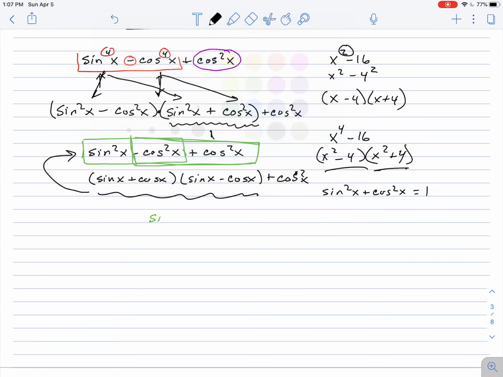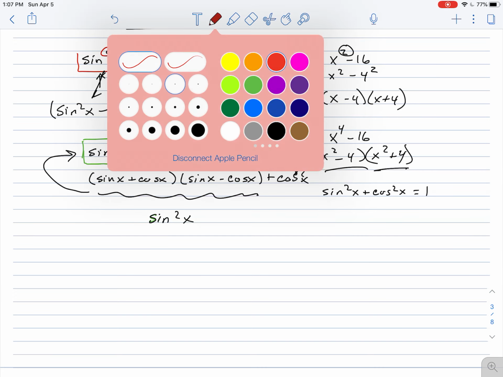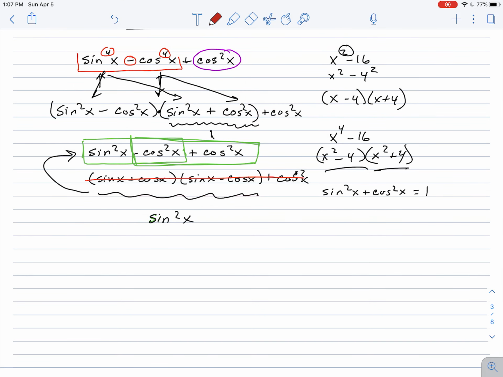So I'm just left with sine squared. So I go back here and I say, okay, this step wasn't helpful. No problem. And I'm left with sine squared, and there I am. So it's super easy to be focused on one part of the equation and miss the cancellation over on the other side. That's okay. You just back up a step and try something else.